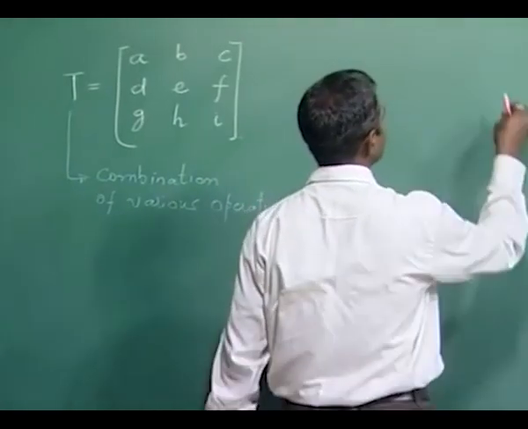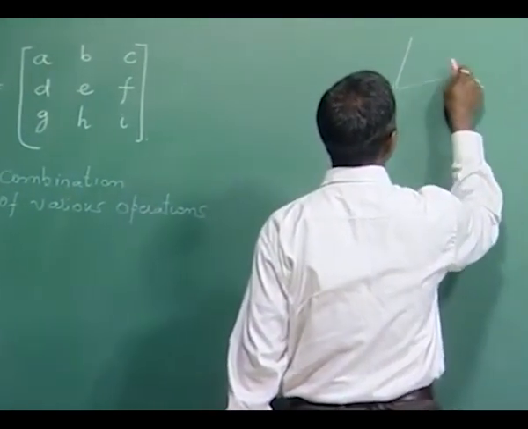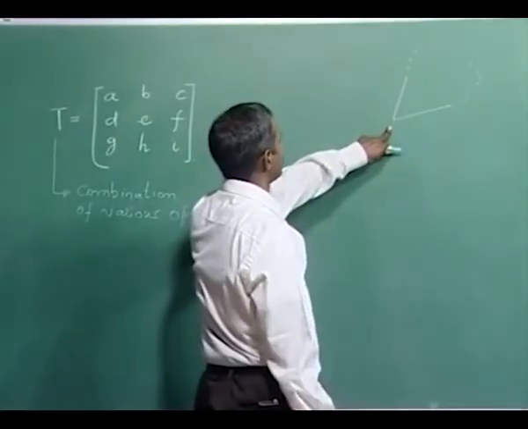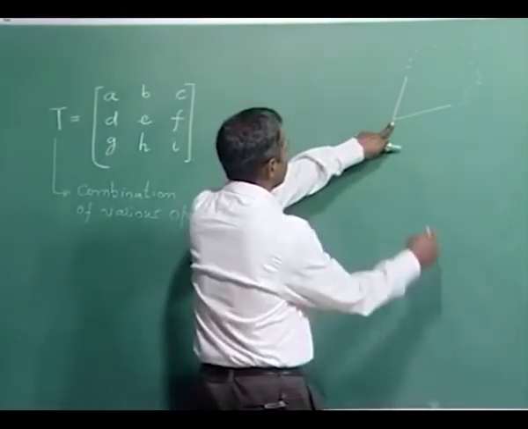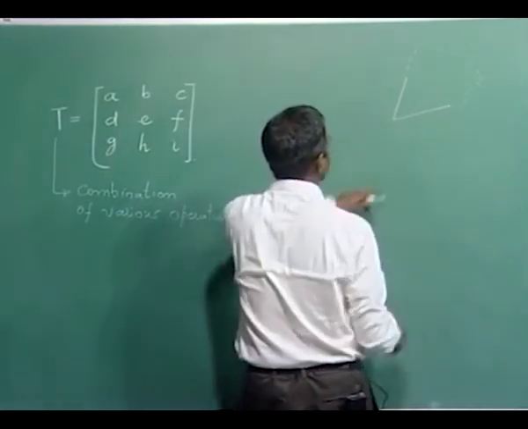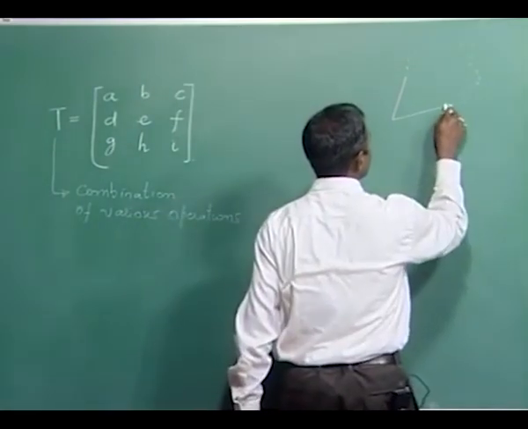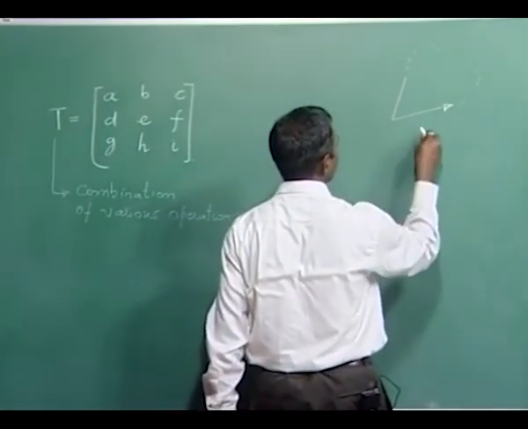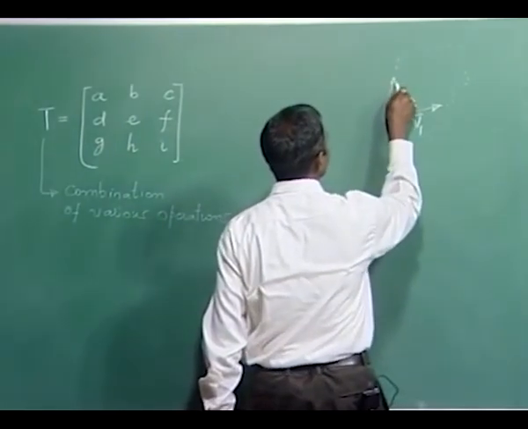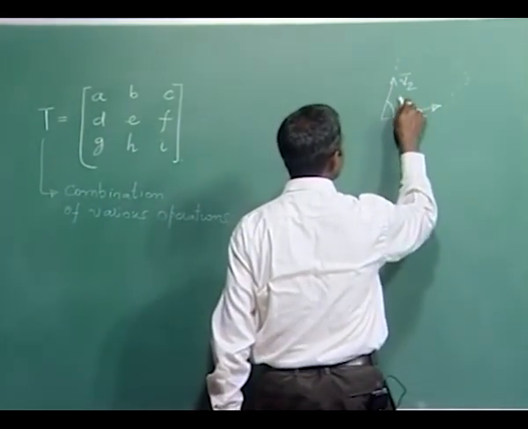Let me draw two lines of a polygon. This polygon can be of any shape. I'm only interested in two contiguous lines of this polygon. Let me represent these two lines in vector form. Let's say this is V1. Let's say this is V2. And the included angle is theta.